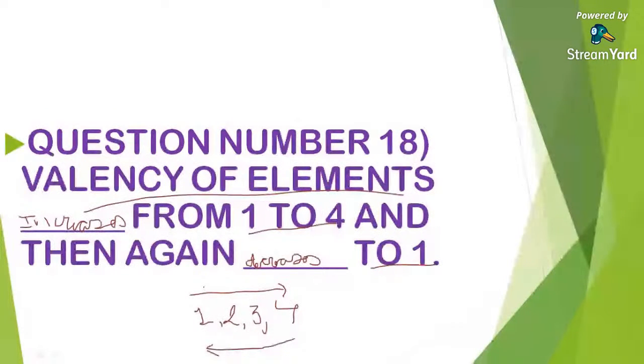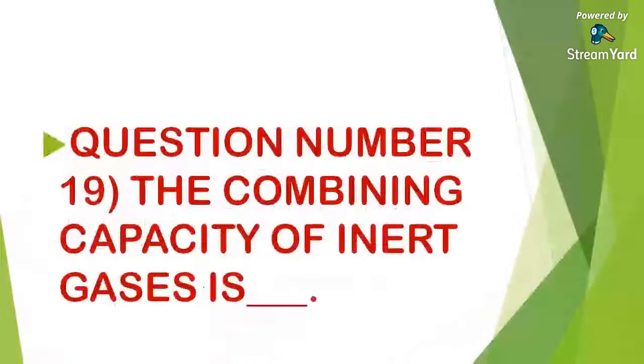So now we were discussing question number 18. Valency of elements increases from 1 to 4 and then again decreases to 1. Very good. Now the next question is question number 19. The combining capacity of inert gases is, yes. Before this, let's discuss what this combining capacity is.